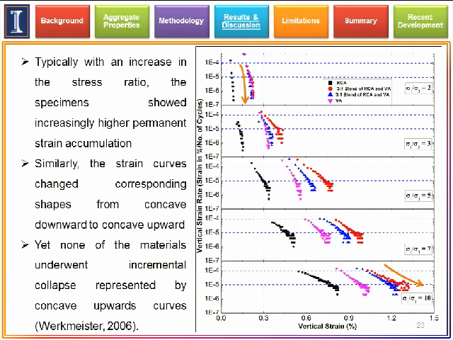If you can recall the numbers that we mentioned in the previous slide, even at a stress ratio of 10, none of the materials went above the 1 × 10⁻⁴ strain limit. So none of the materials underwent incremental collapse.